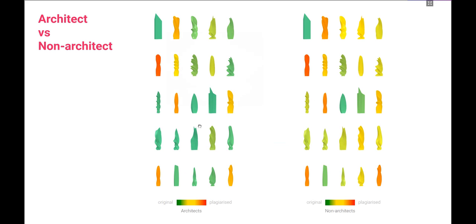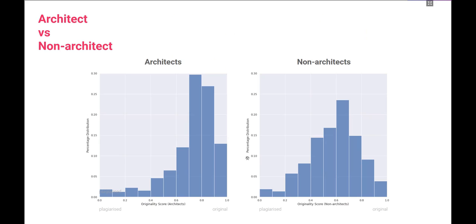As you can see from, let's say, the second last row over here, it's pretty evident that the options are greener for architects. More green would mean that it's seen as more original. And if you look at the histogram distribution, it becomes pretty clear that architects tend to see design variants as more original.